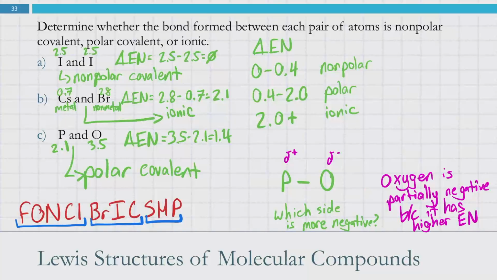Fonkel brick ship is the order of electronegativity for the first 10 elements. I don't know that that's necessarily helpful. I just think it's kind of funny, and my brain has held on to it for so long that I figure it will spread the brain worms with everyone else.